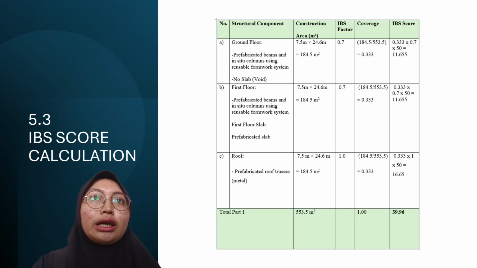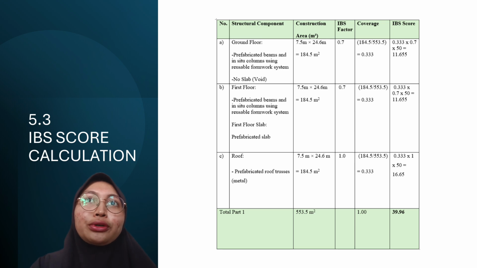For the ground floor, I have prefabricated beam and in situ column with a construction area of 184.5 square meters. The total building area is 553.5 square meters. So the coverage is 184.5 divided by 553.5, which equals 0.33.